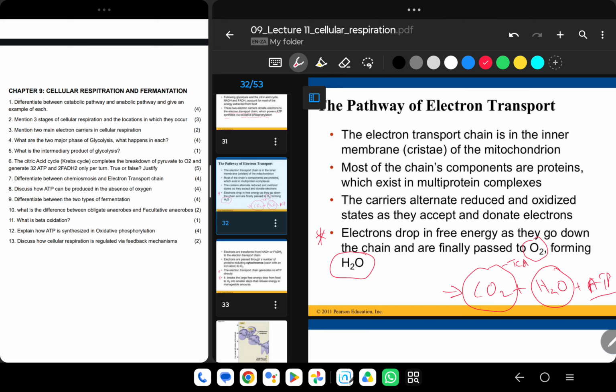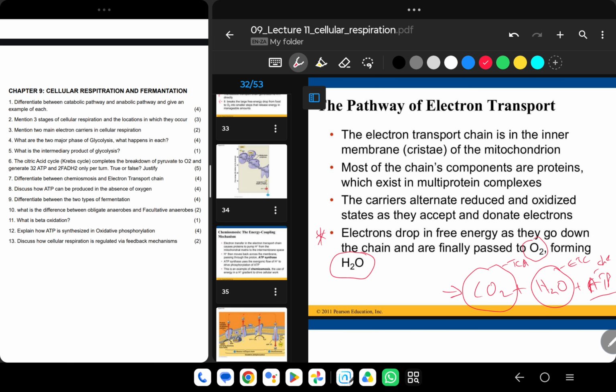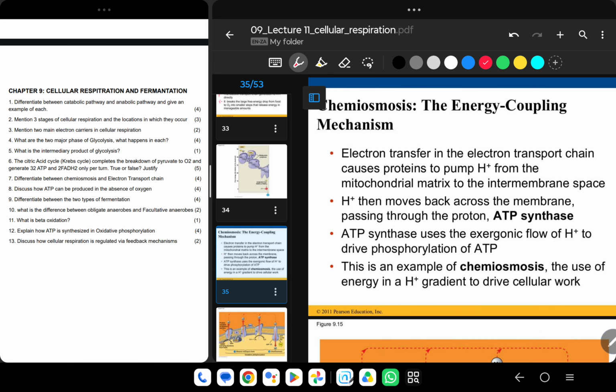So now let's see where ATP gets formed. ATP gets formed in chemiosmosis. Now let's check what chemiosmosis is. Chemiosmosis involves an enzyme called ATP synthase.